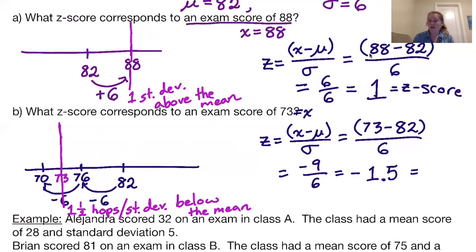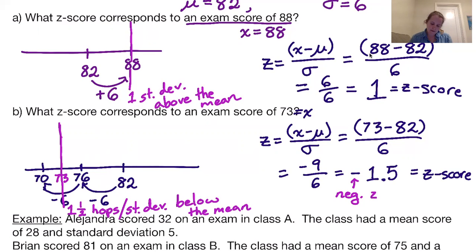So this is 1.5, but negative. Now the negative tells us that we are actually below the mean.